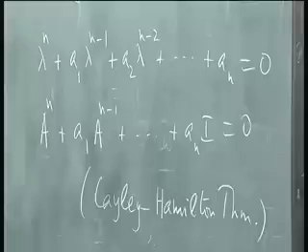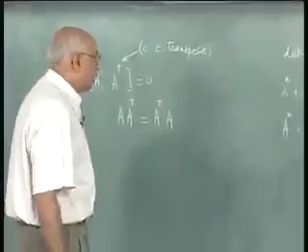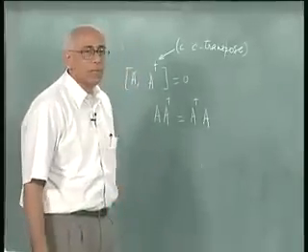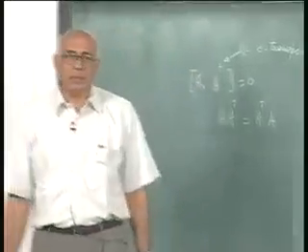The lowest degree polynomial equation, that polynomial equal to 0, that is called the minimal polynomial. And a necessary and sufficient condition that A can be diagonalized by a similarity transformation is that the roots of the minimal polynomial should be simple roots. There are many ways of saying this. One of them has to do with the rank of the matrix, which was mentioned indirectly here, but this is the necessary and sufficient condition.